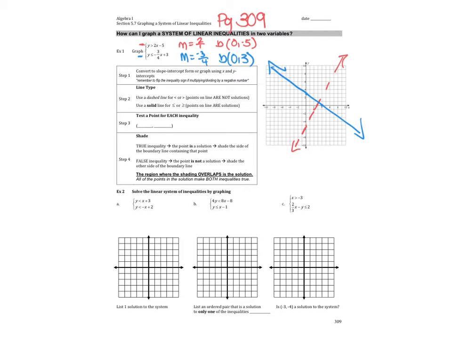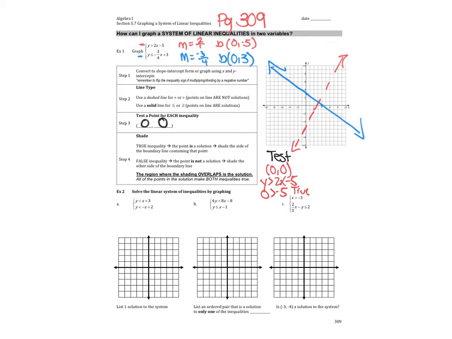So now, just like we did in 5.6, we're going to test a point for each inequality, and we're going to use 0, 0. Okay, so for the first one, when we plug in 0, 0, we find that 0 is greater than negative 5.